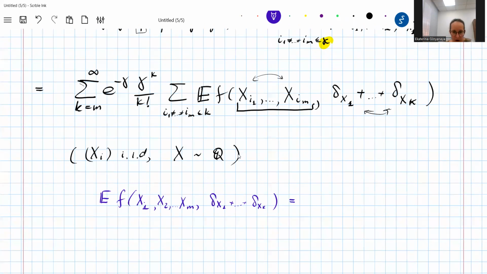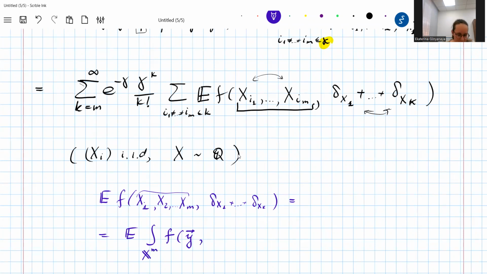So I will write this as an expectation. I will integrate over the first indices, which I denote by y. So let's place x_m.